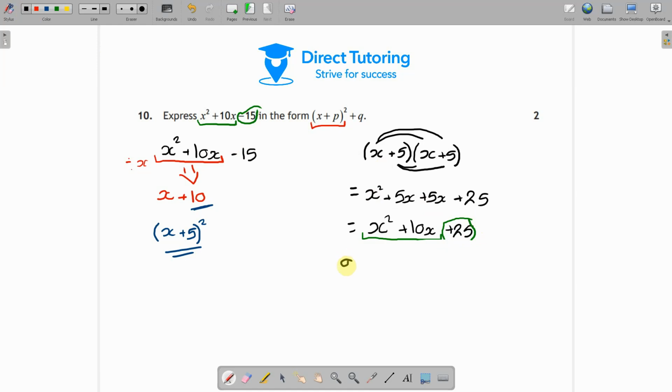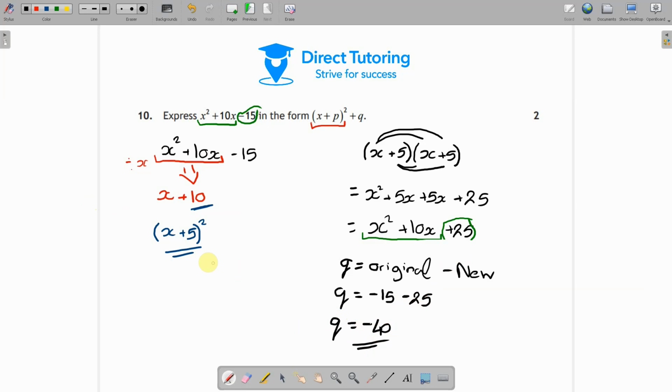So the value of Q is going to be the original value minus the new value. So Q will equal, the original was minus 15, take away 25. So Q will equal minus 40.